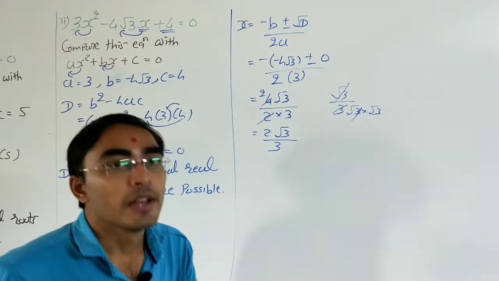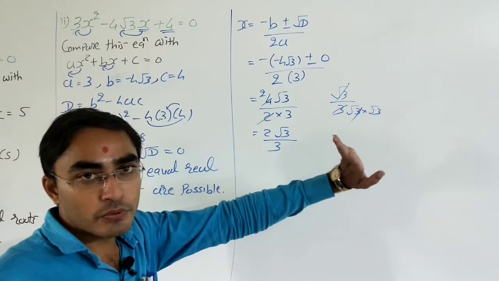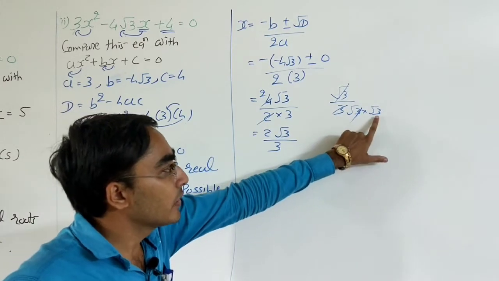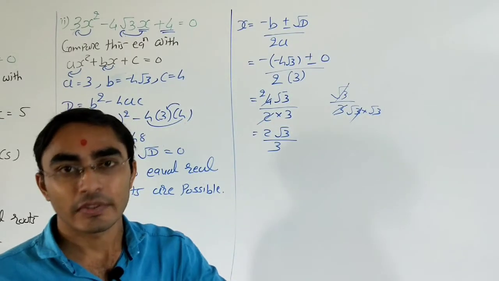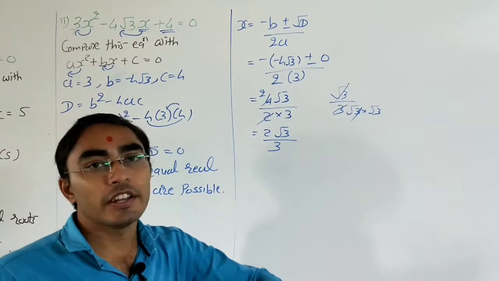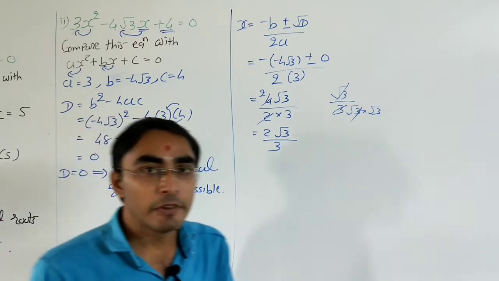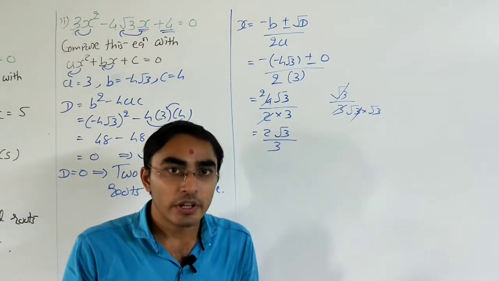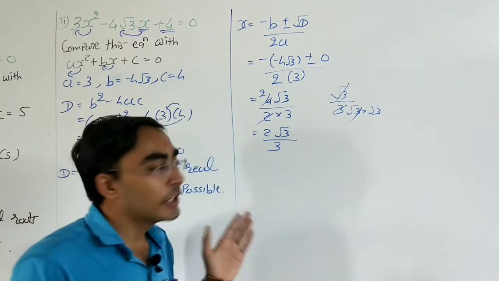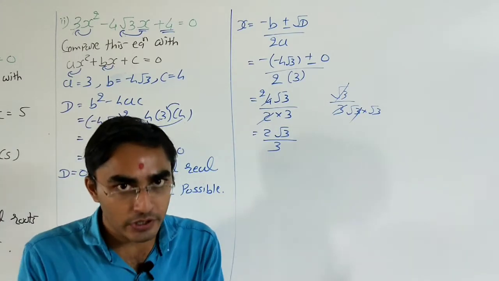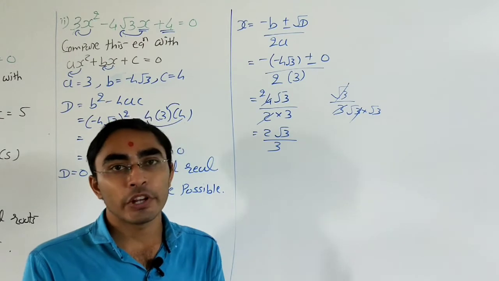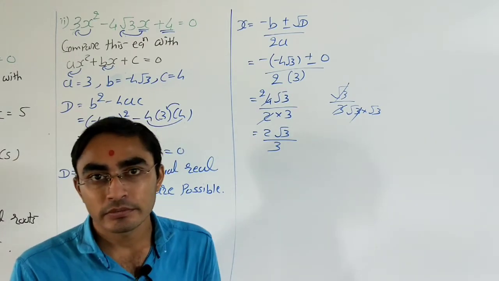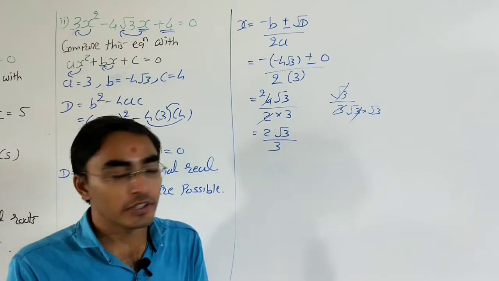But if we do this, then we get under root 3 in the denominator, right? We know that if in our answer under root is present in the denominator, then we need to rationalize it.